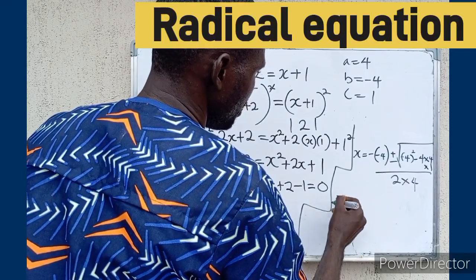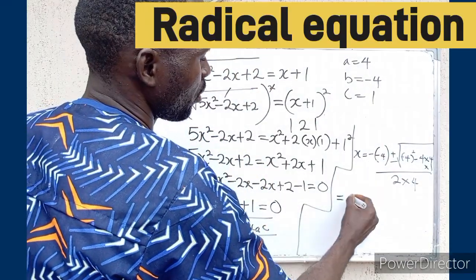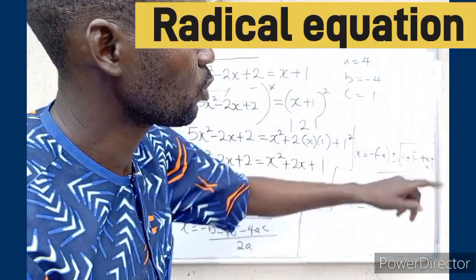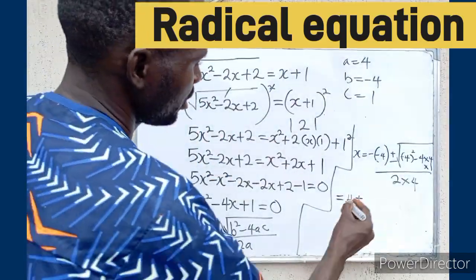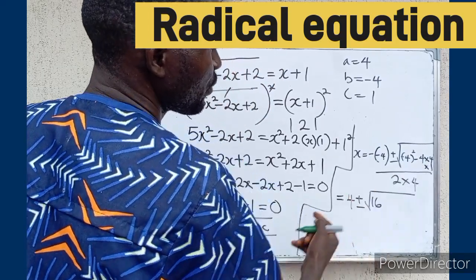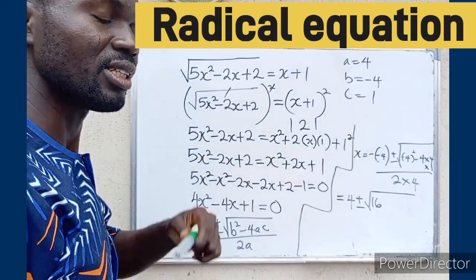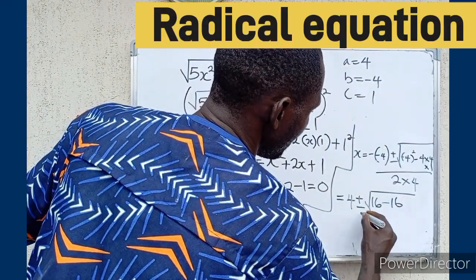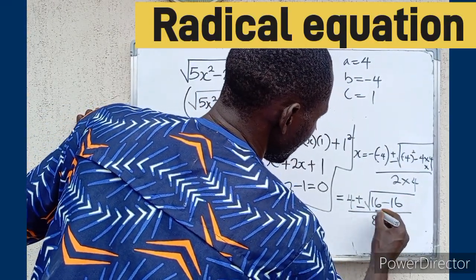So now this will give me minus times minus, plus, that's 4 plus or minus. Minus 4 squared will give me 16 in the square root. So I have 16, minus 4 times 4 will give me minus 16, times 1 still remains minus 16. So I'm going to have 8 in the denominator.